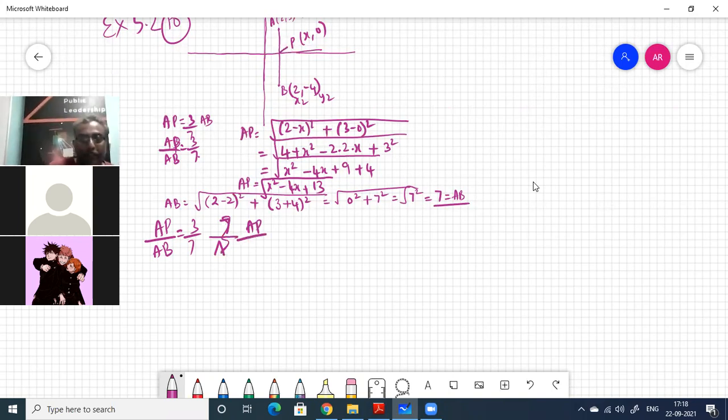AB is here 7, so AP by 7 is equal to 3 by 7. AP is equal to 3.